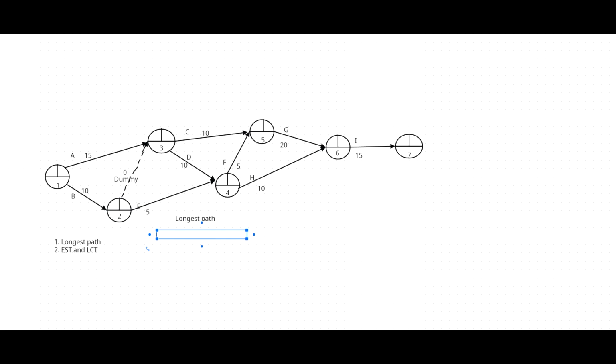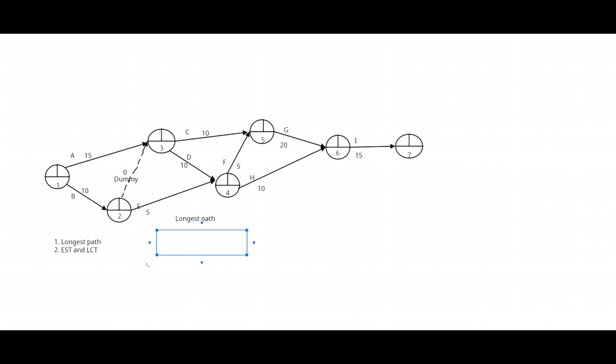It's another alternative path. We can go via A, D, F, G, I. I won't write it one by one, it's straightforward. I'll get the total value: 15 plus 10, 25, 30, 50, 65. You know how to get this value?